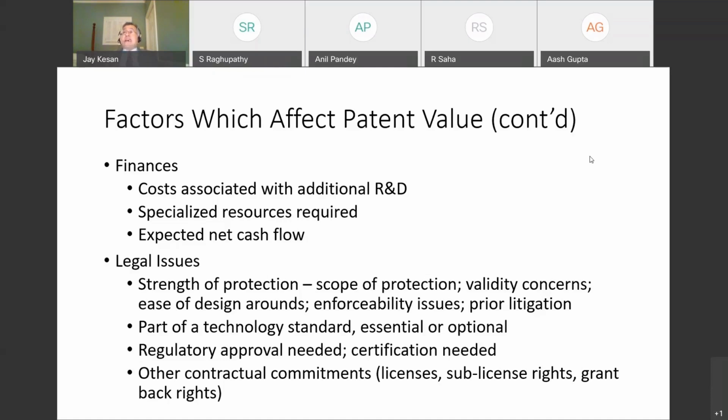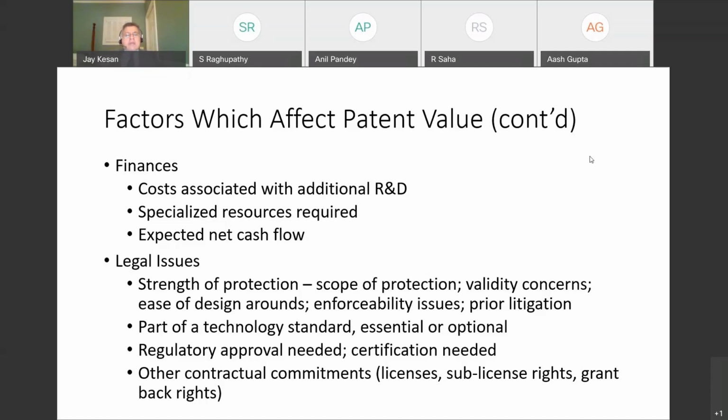That may take many, many years because you have to go through animal testing, human testing, clinical trials, and so on. Those years of doing regulatory approvals then dramatically affect the value of the patent, because if that technology has been through clinical trials and it's come out successfully, then those patents become very valuable. Until that is done, their value is diminished.